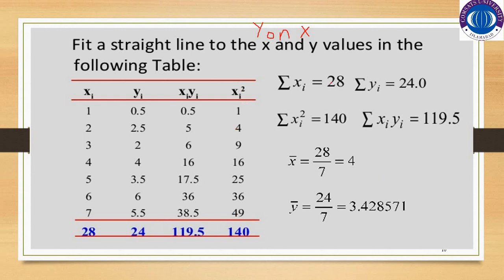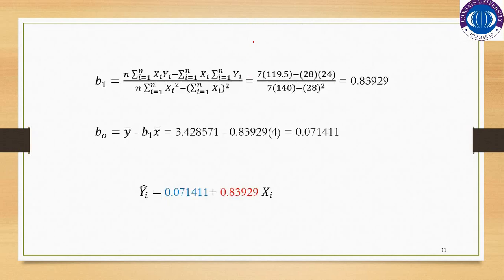By substituting all these calculations in the formula, you will get b1 equal to 0.83929 and b0 equal to 0.071411. This is the estimated line, or you can say the fitted line.